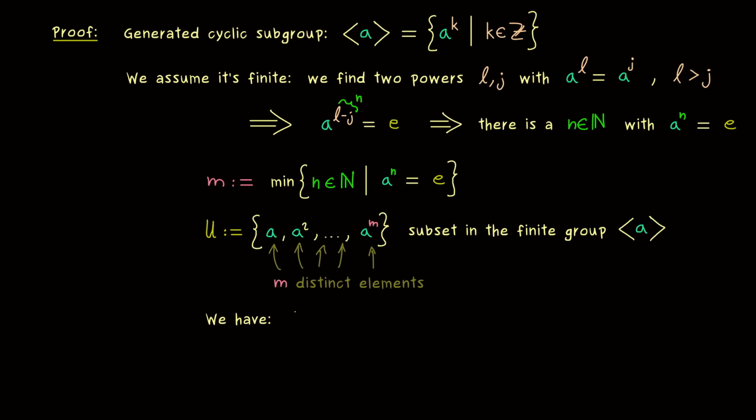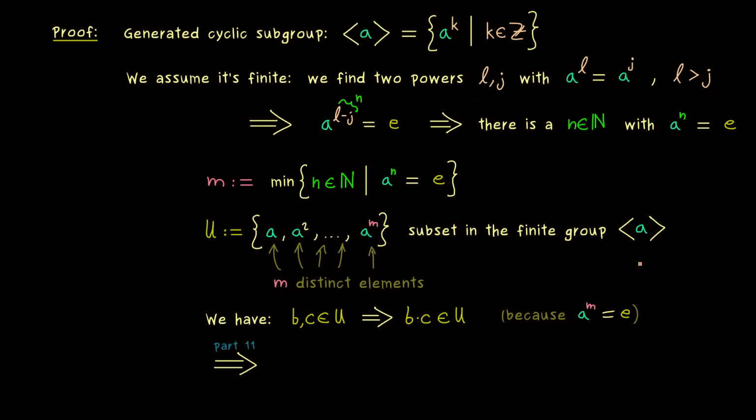Okay, and now I would say, let's take some arbitrary elements b and c from our set U, and let's put them together with our group operation. Then we can just combine the two powers, and we definitely lie in U again. Simply because if the power gets too large, we can just use that a to the power m is equal to our identity element. So the nice result here is that U is multiplicatively closed, which means we cannot leave the set U by our group operation.